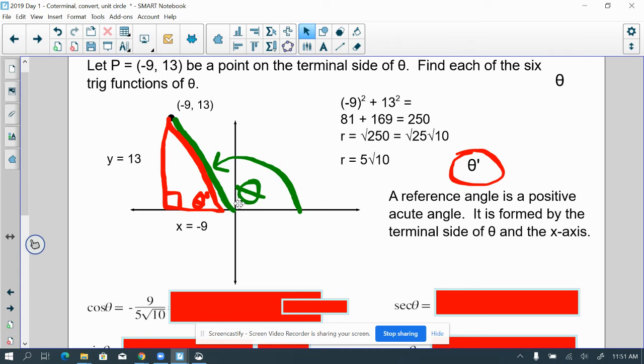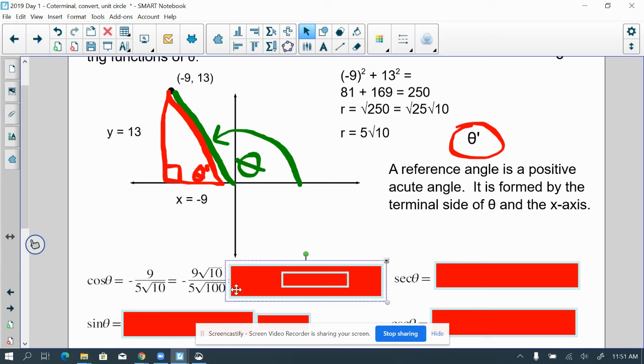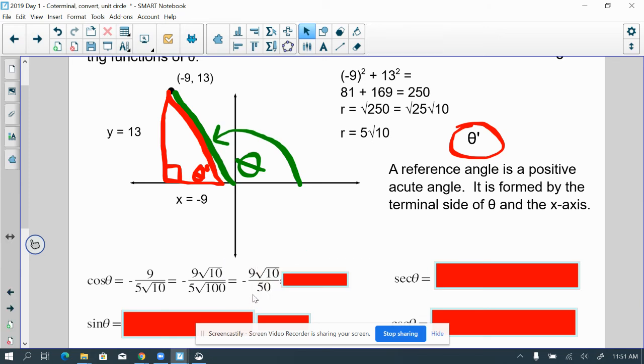That is the cosine of this angle. And you have to rationalize the denominator. So you multiply both sides by rad 10, and you get -9 rad 10 over 5 times rad 100, which is 5 times 10, which is 50. So this is your goal. The cosine of theta, the green theta, the big one, is -9 rad 10 over 50.